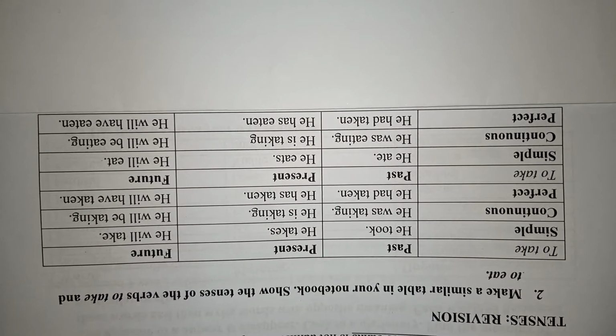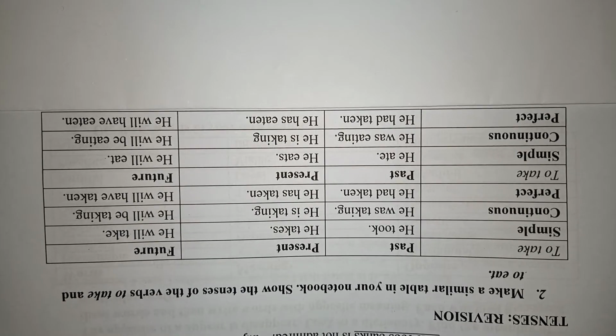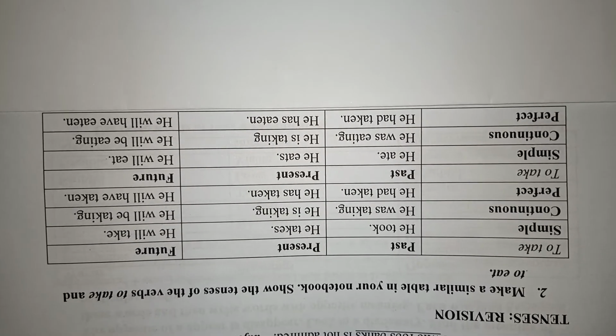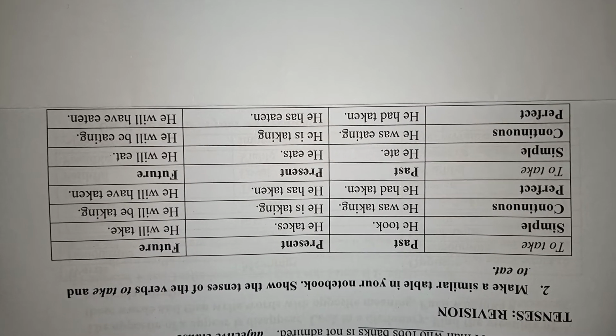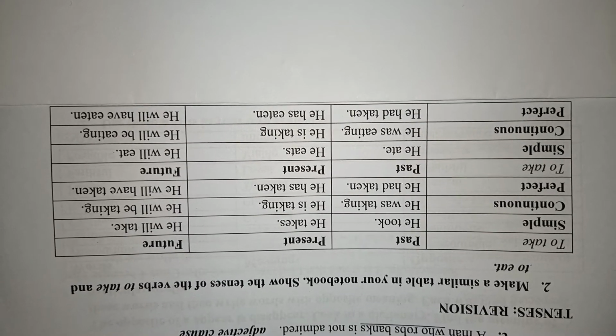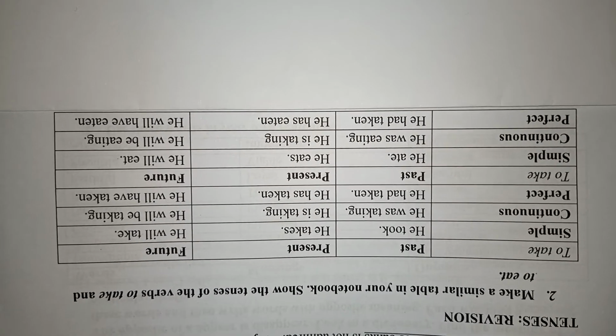Show the tenses of the verbs to take and to eat. So the two verbs to take and to eat are provided, and we need to make a similar table as made above. Remember, you will only be able to understand this table if you have already revised your tenses, which I have told you before.